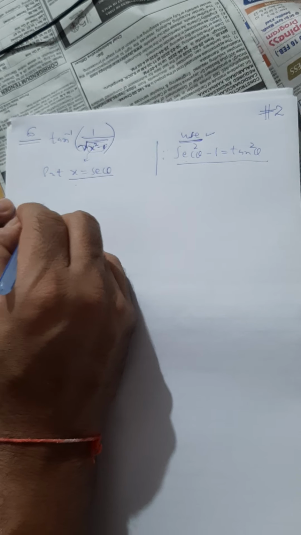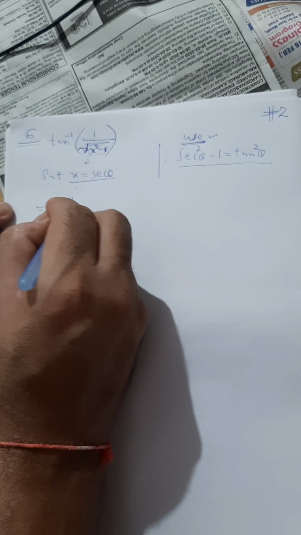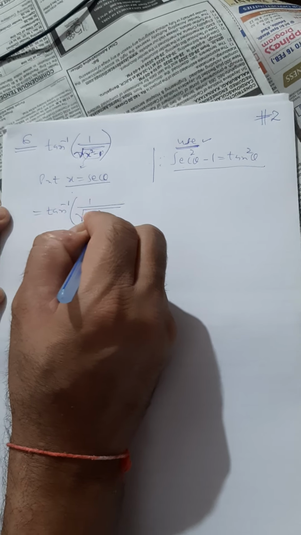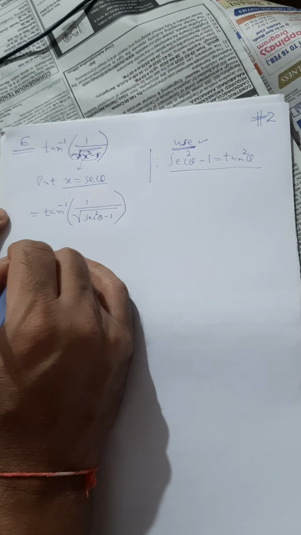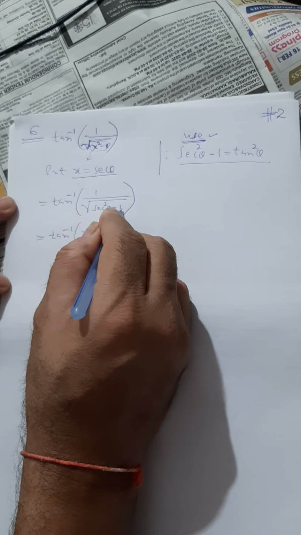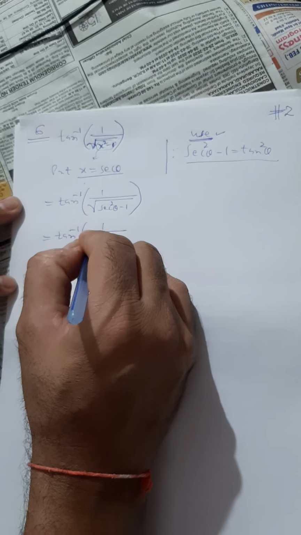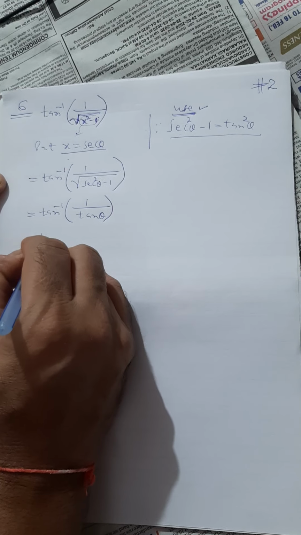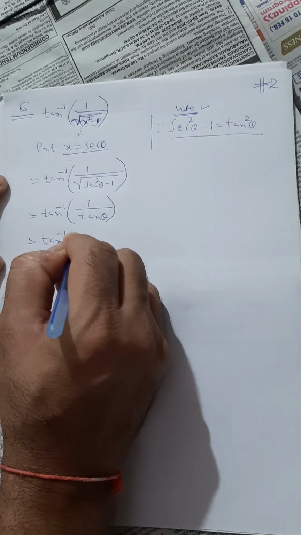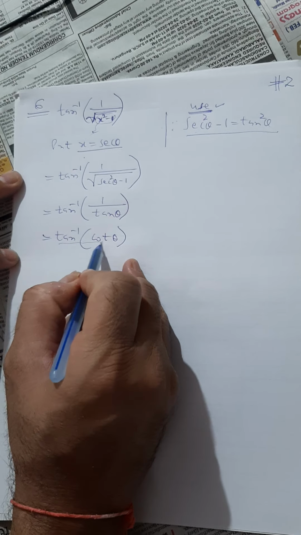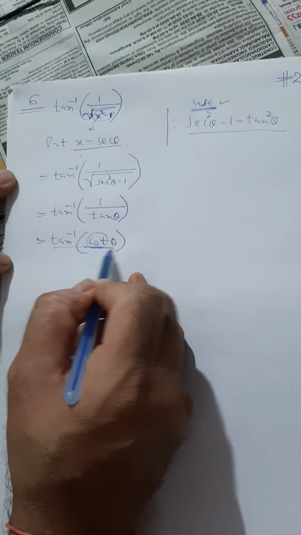Let's put this. So tan inverse, this is 1 upon root of sec square theta minus 1. So this is equal to tan inverse 1 upon, sec square minus 1 is just tan theta. Now this is tan inverse, 1 by tan is cot theta. Now these two functions should be the same. So instead of cot I need tan.